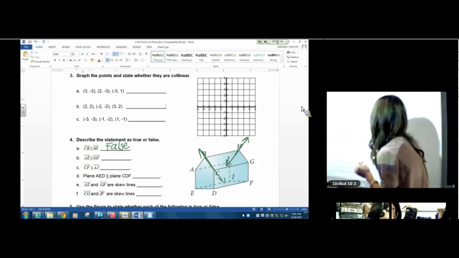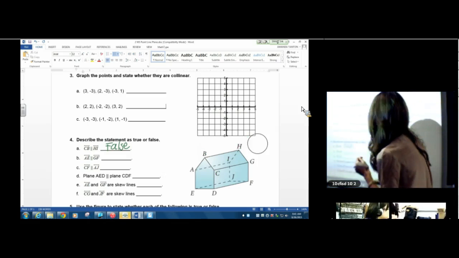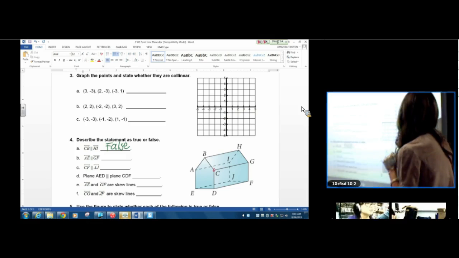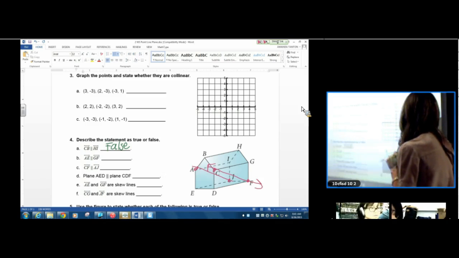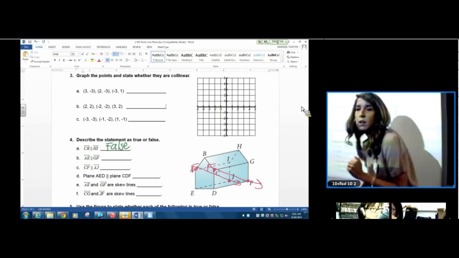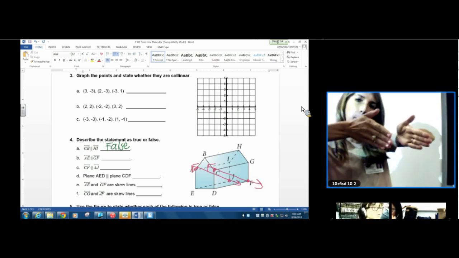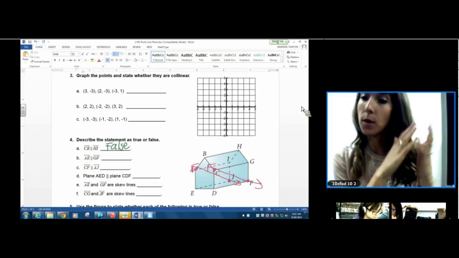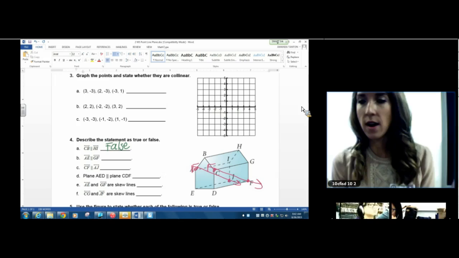4C. CF is parallel to AJ. CF and AJ. If you notice, those lines are going in the same direction, but they're in different parts of the figure, so they're never going to intersect.